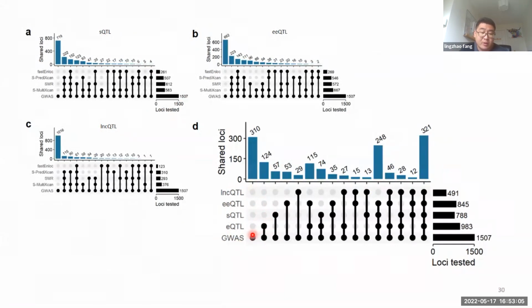Some unique colocalizations were only found between average gene expression and GWAS loci, and also for splicing. But at the end, about 80% of the GWAS loci can be interpreted by these different kinds of QTLs.